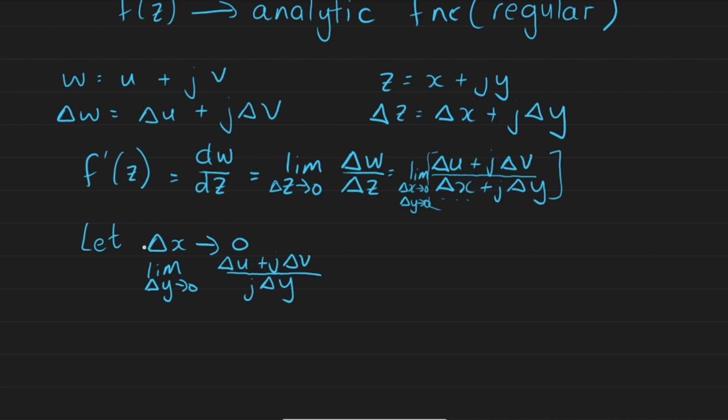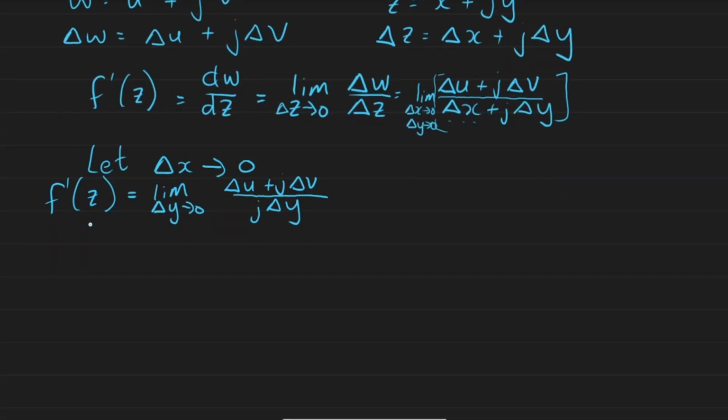Okay, and remember what we're actually calculating. This is f prime z. Let's just divide this. So the limit as delta y approaches 0, we have delta u divided by delta y and delta v divided by delta y.